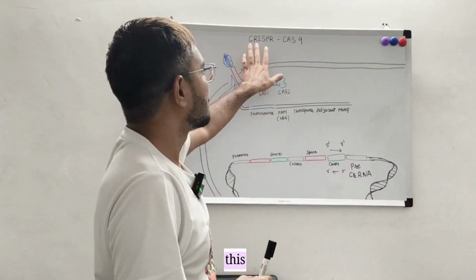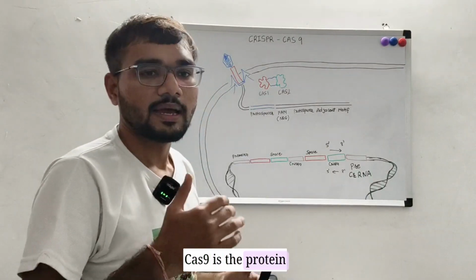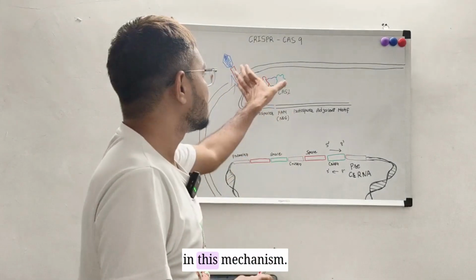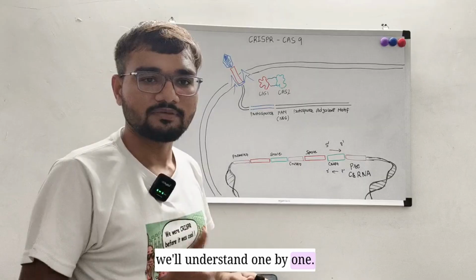So this is defined as CRISPR. And Cas9 is the protein which plays an important role in this mechanism. So we'll understand one by one.